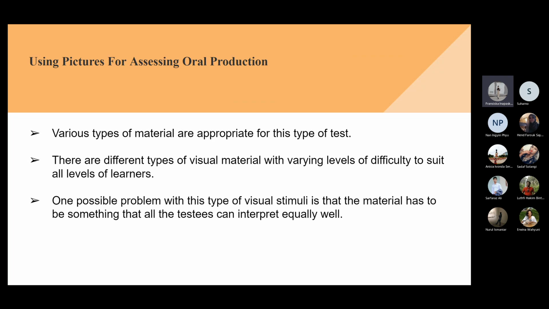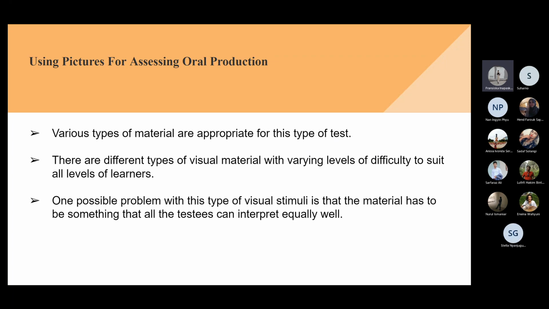Here, using pictures for assessing oral production. It's possible for us to test the speaking skill using pictures, or maybe diagrams or maps. Through careful selection of the material, the tester can control the vocabulary as well as the grammatical structures.